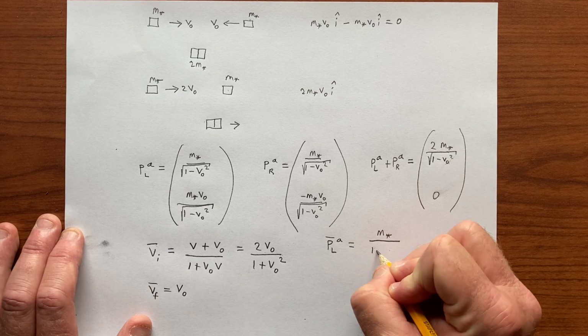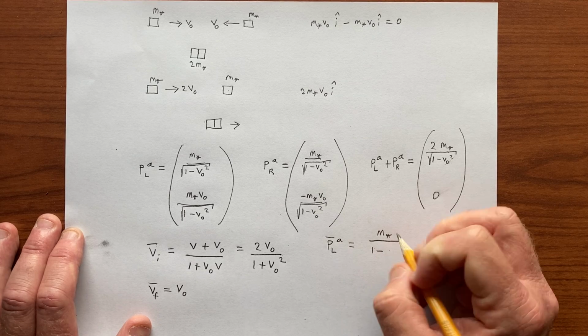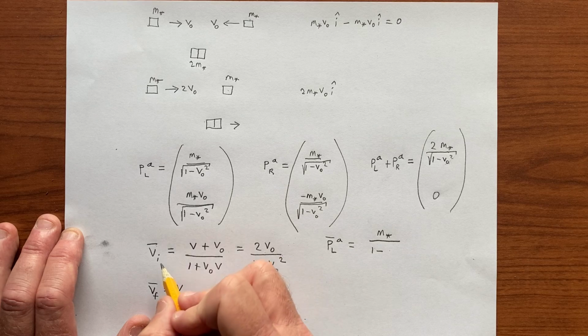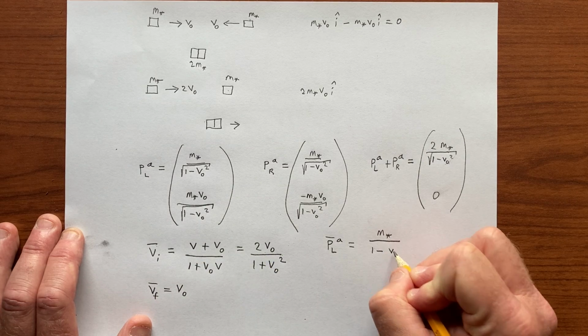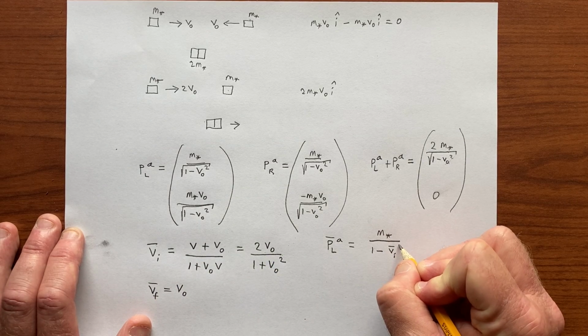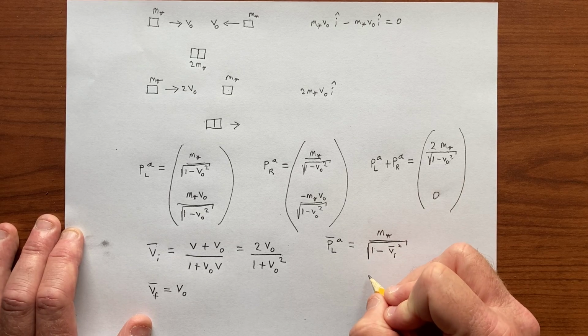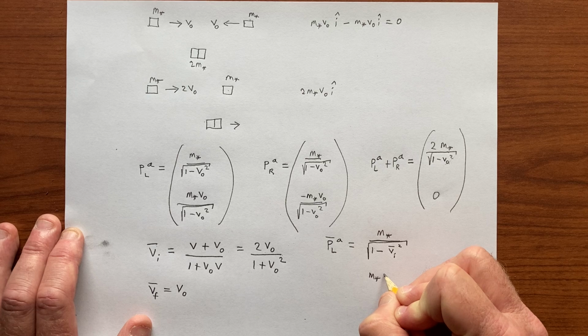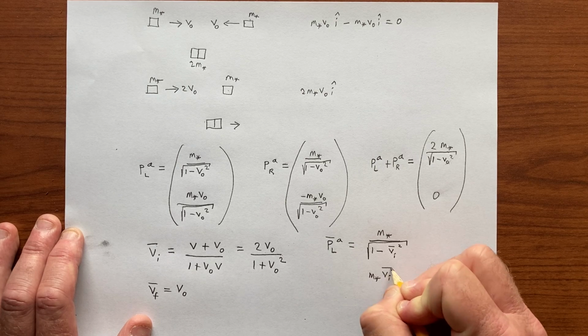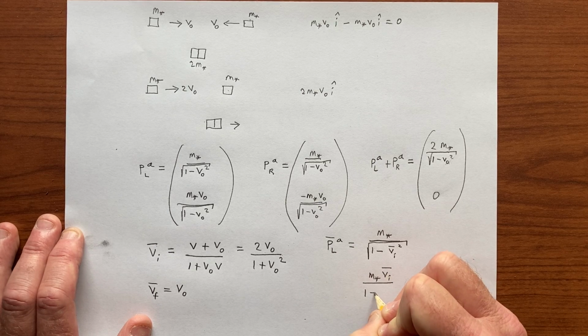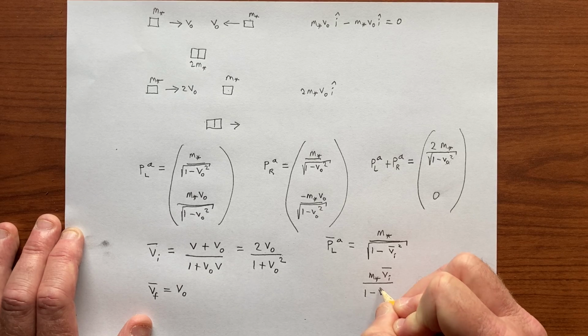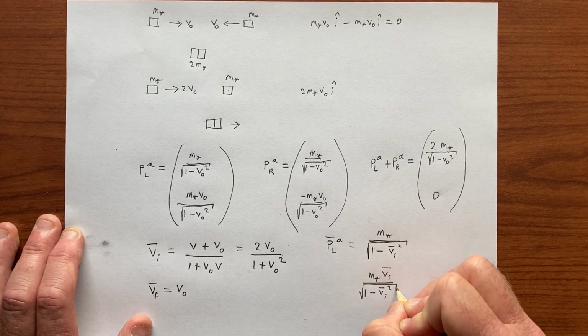I'm going to be dividing this by the square root of 1 minus the speed of this particle, which I'll call VI bar, squared. And here I'm going to have m star VI bar over the square root of 1 minus VI bar squared.